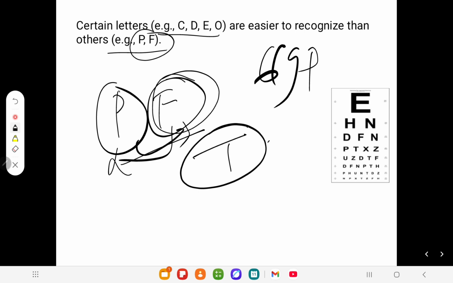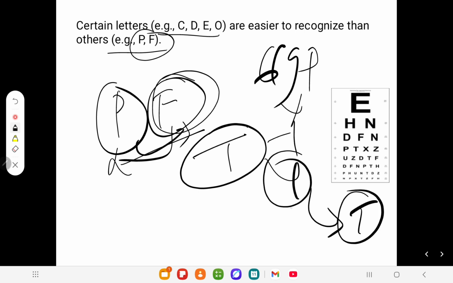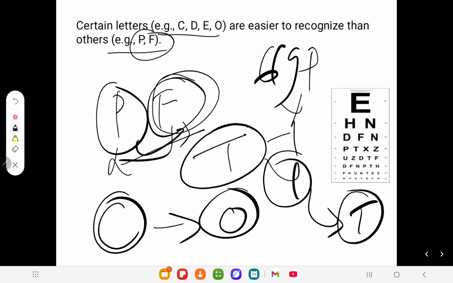Sometimes a patient calls T as Y, or Y as T. You will see this a lot in your clinical practice. Sometimes C is called O and O is called C. It's way difficult, and the easiest to recognize, I think, is E. E is quite easy to recognize. So the letters are not similar in difficulty.